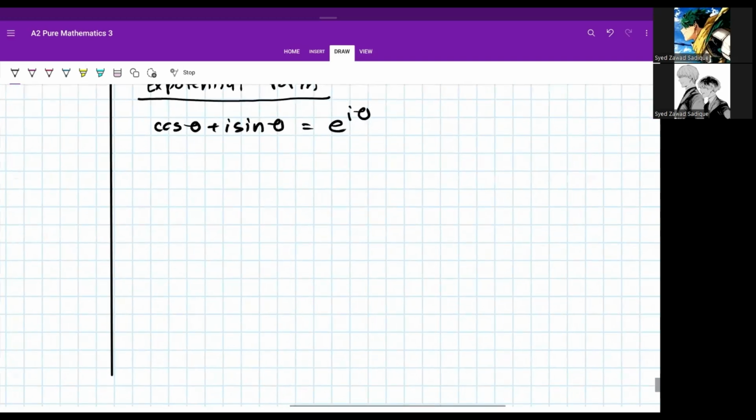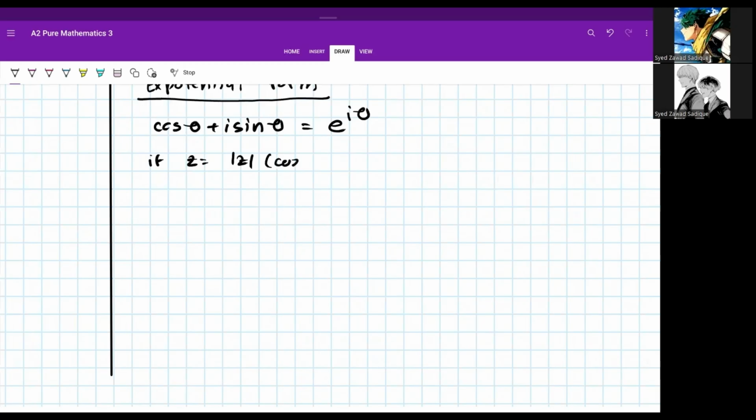So if z is equal to modulus z cos theta plus i sin theta, then z is equal to modulus of z e to the power i theta.